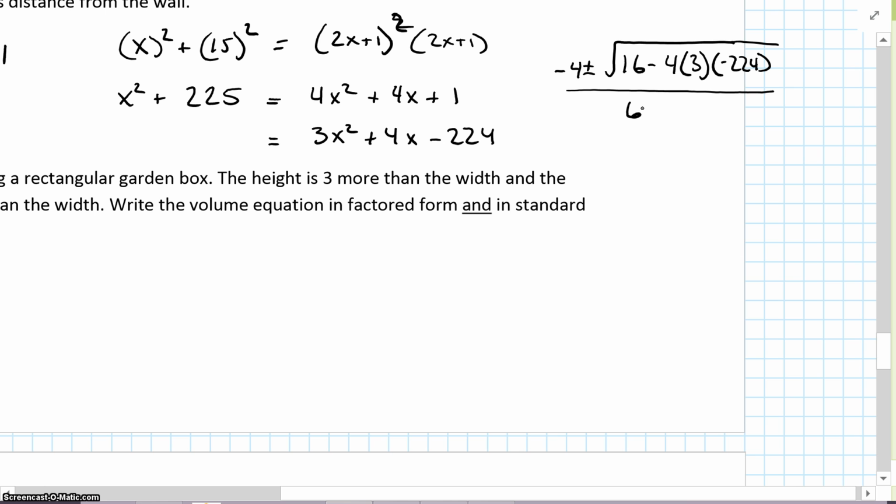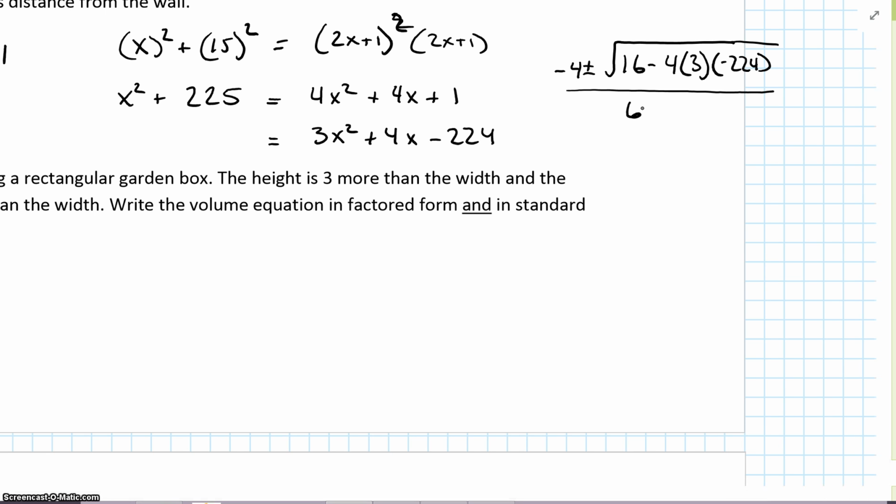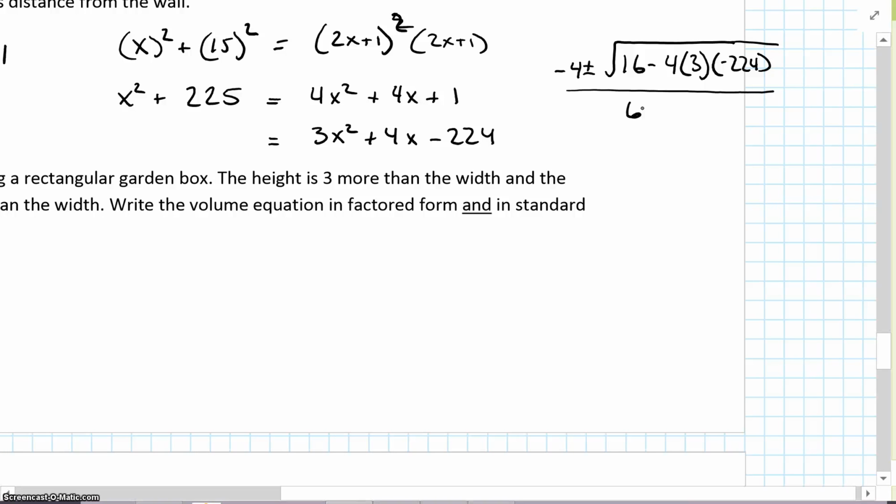So here we go. Let's do the math real quick. What is 4 times negative 3 times 224? It's going to be negative 4 plus or minus. Once we do the square root, it's going to be 52 over 6.